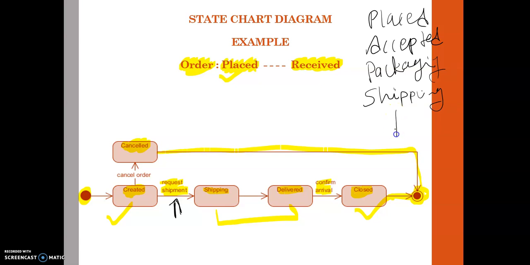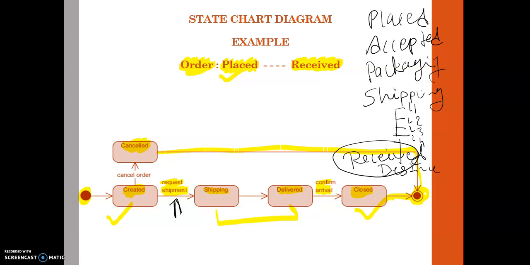So shipping may have multiple states, like location 1, location 2, location 3, location 4, and then destination, right? Means received, right? Received.